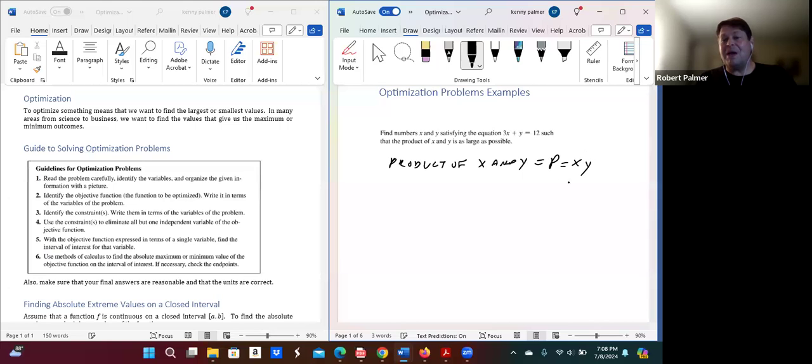So we're trying to find and maximize this, but once again, we have two variables. That's the problem. What we want to do then, first of all, is maximize P = x times y, okay?